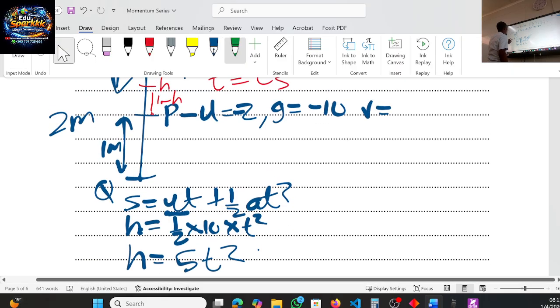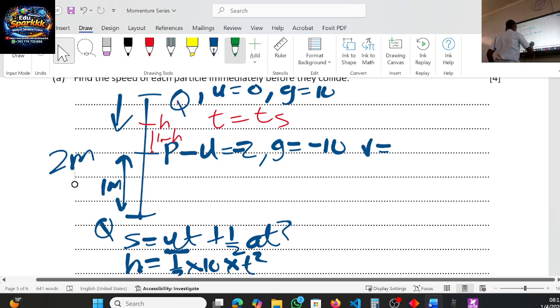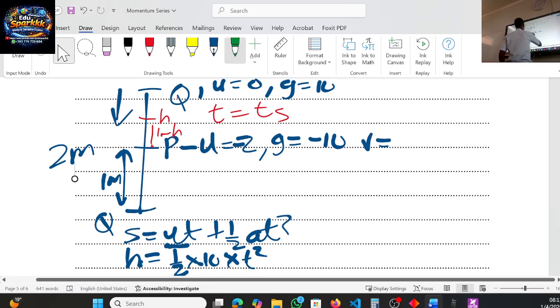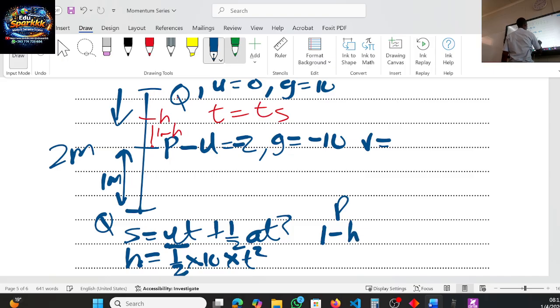Let's do the same for object P. Using the same formula, s, which is 1 minus h, equals the initial speed 2 times t plus half a t squared, but this time a is minus 10.